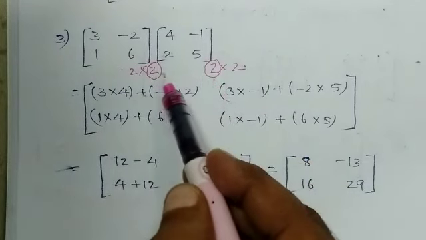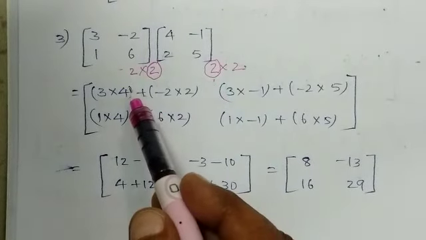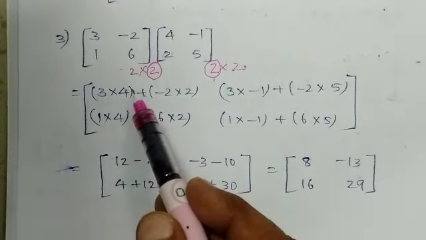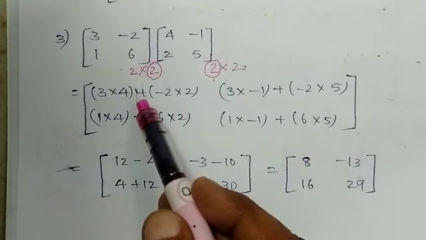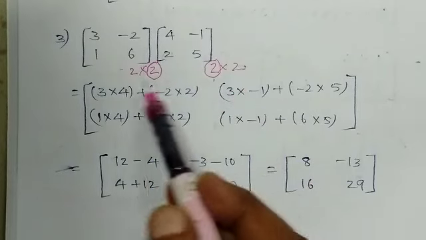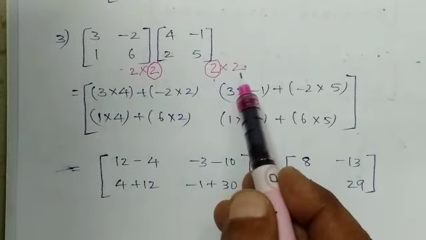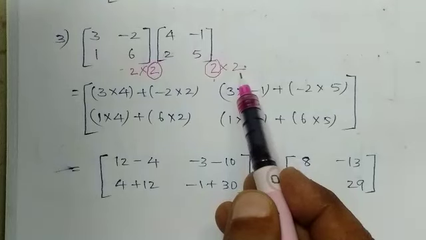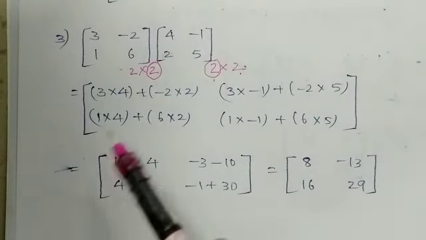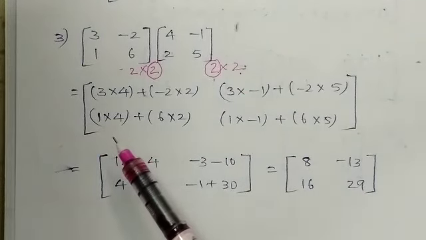If these two are not equal, multiplication is not possible. After multiplication, what could be the resultant matrix order? 2 by 2. These two numbers give the order of resultant matrix. After multiplication we get 2 by 2 matrix.